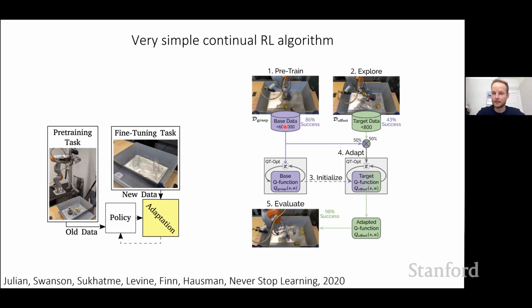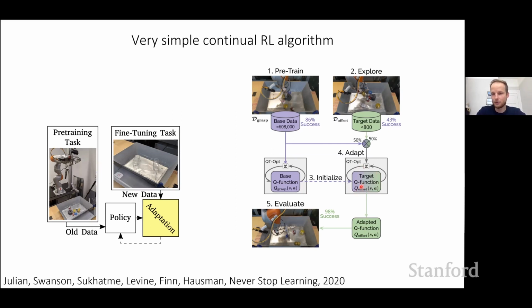Now we take that base data and we train the base Q function. So we just apply standard QTOpt and that's it. Now we'll do two things. We'll first copy the weights from this original Q function that we just learned with QTOpt. And this will be our pre-training mechanism.